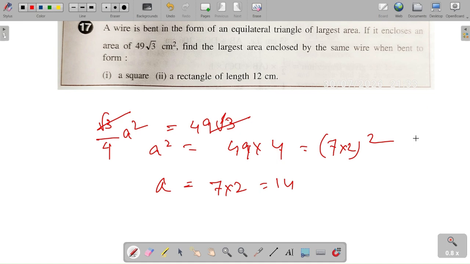So that means the length of the wire is the perimeter, equal to 14 into 3, 42 centimeter.